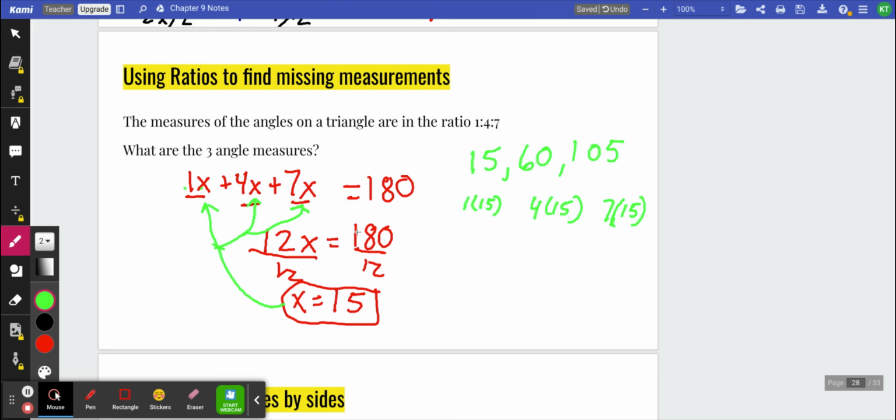All right, and then if I added 15 plus 60 plus 105, that totals up to 180 degrees. All right, so I had to find x again and plug it in to solve.